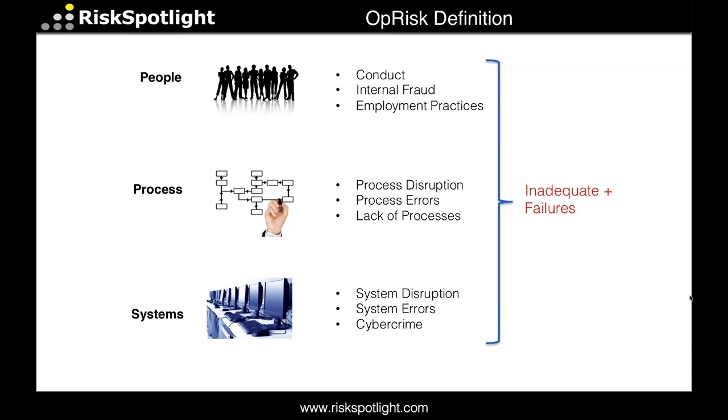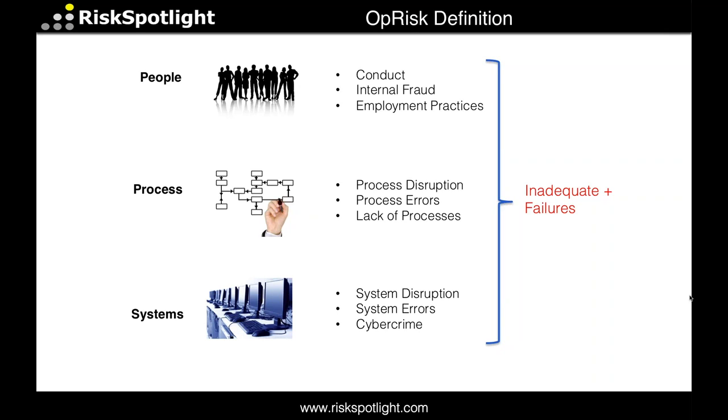Or a larger organization may have security experts, but they may be behind in terms of using the right tools and techniques. So even if you have the right people, the right processes, and the right systems, they may fail due to various uncertainties.